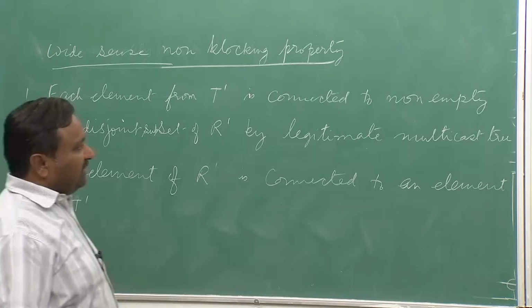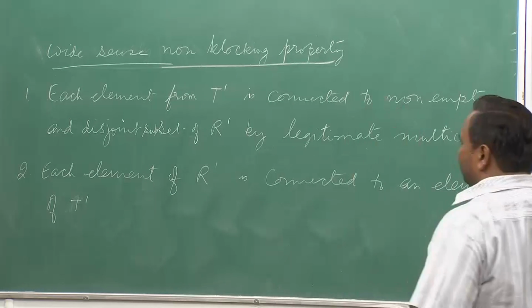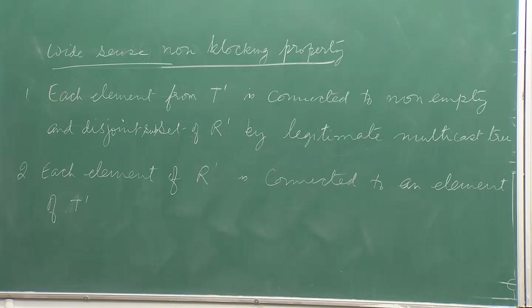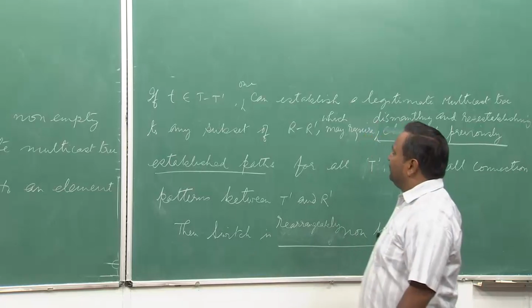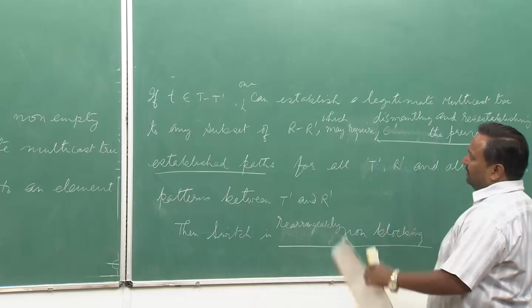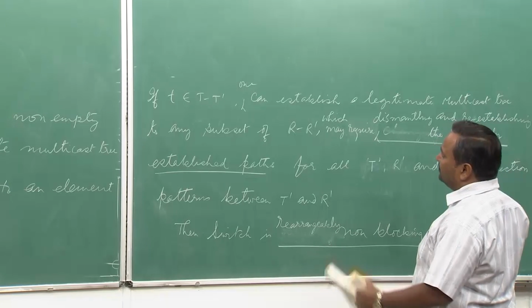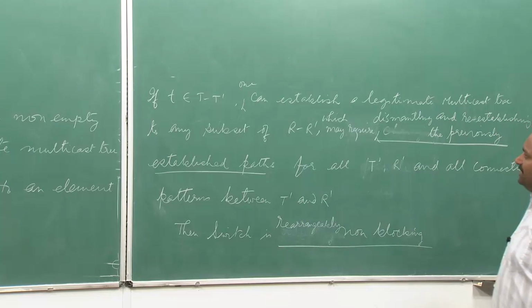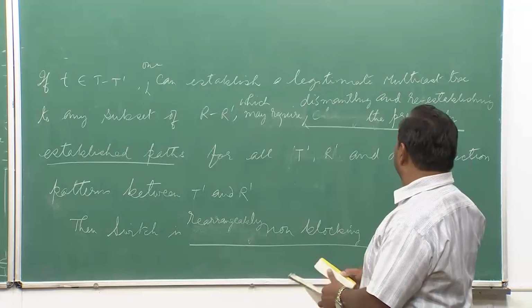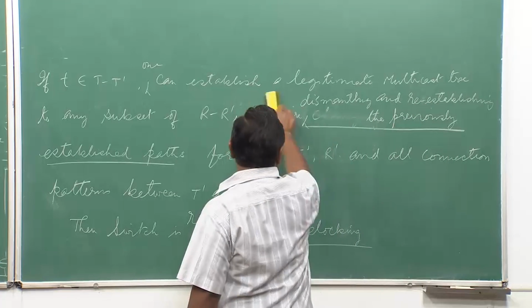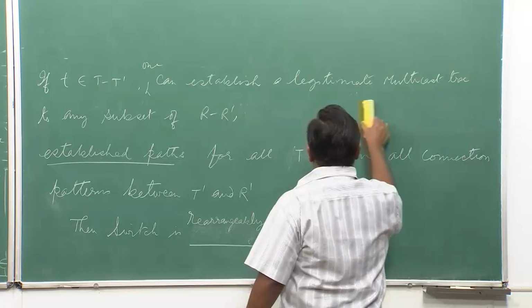Again, same definition: T prime, R prime, T and R. One can establish a legitimate multicast tree to any subset of R minus R prime, and I will not be dismantling and re-establishing anything, I will not be disturbing any existing connection.